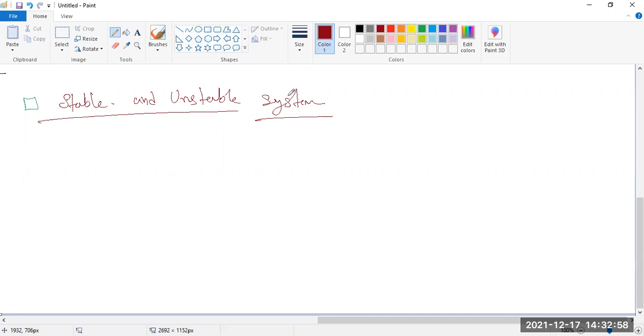In your control system course you have seen there is a criterion that c of t is the transient response c tr, plus c ss, the steady state response. This is the total response.